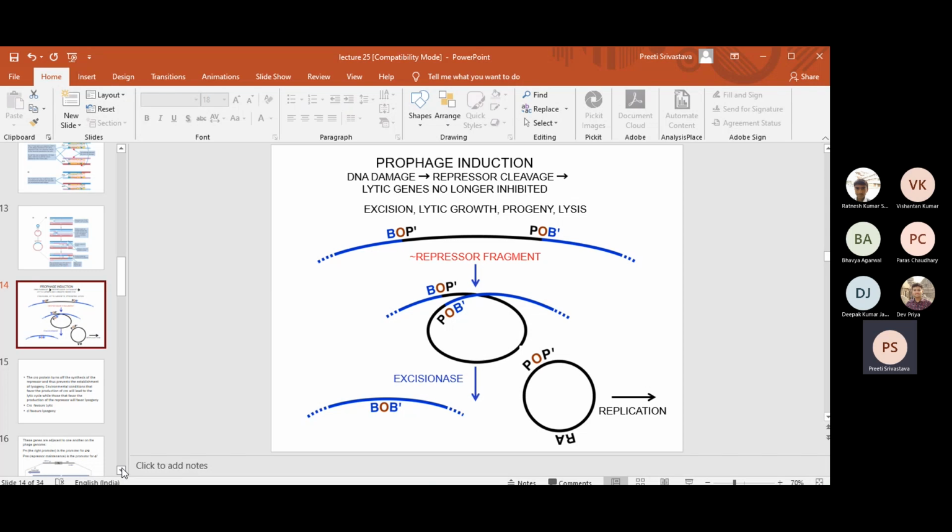But many a times it's an abnormal or rare event that during this excision, some of the bacterial DNA will also come in the phage DNA. This is a rare event, but it does happen.